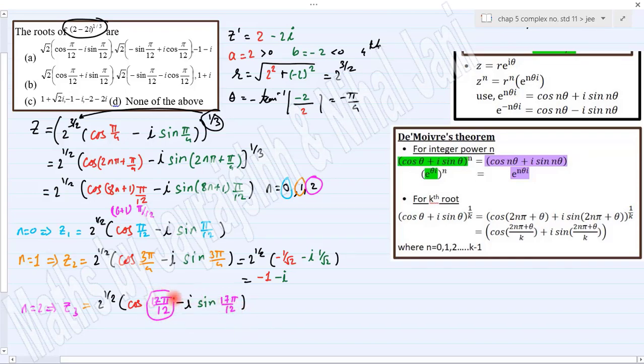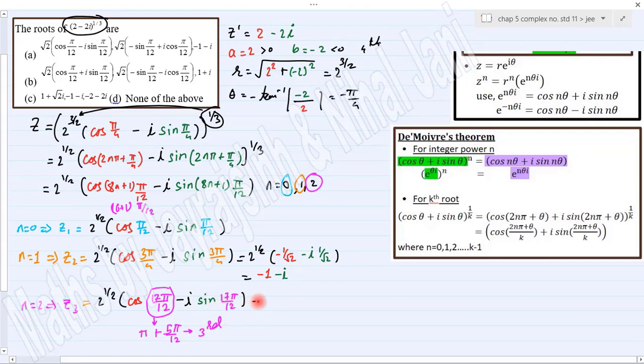Now 17 pi by 12 can be rewritten as pi plus 5 pi by 12. That means our angle is in the third quadrant, in which sine and cos both are negative. So we will get minus cos 5 pi by 12 and plus i sine 5 pi by 12.